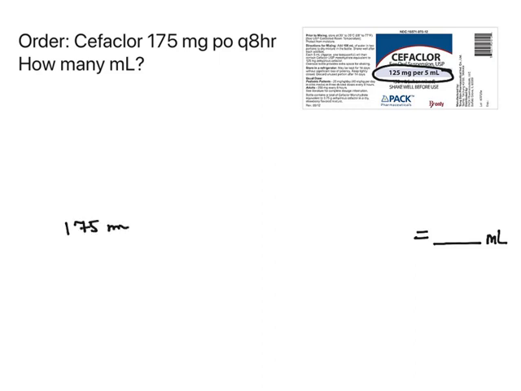175 milligrams, and I want to multiply by 1, but I'm going to put a different form of 1. And in this situation again, we see that 125 milligrams is equal to 5 mils of Cefaclor.